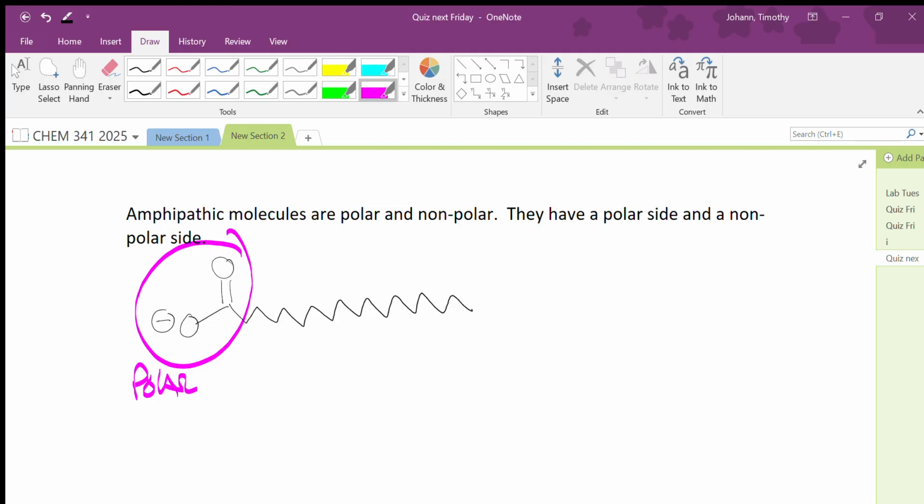It doesn't really exist like that. The charge is distributed across this. But still, you've got more negative out here than you do over here. So we end up with a charged side. And you'll have some positive over there to compensate for it. And then this is going to be nonpolar.